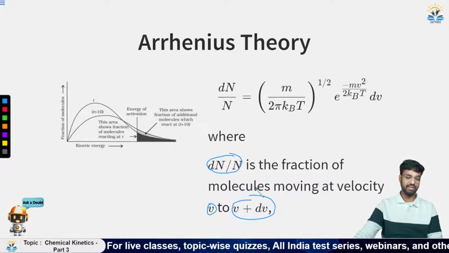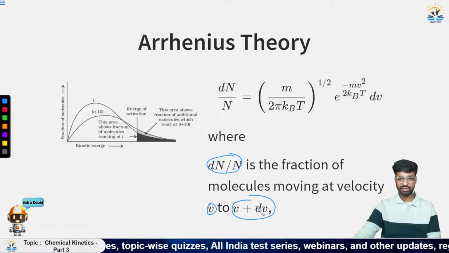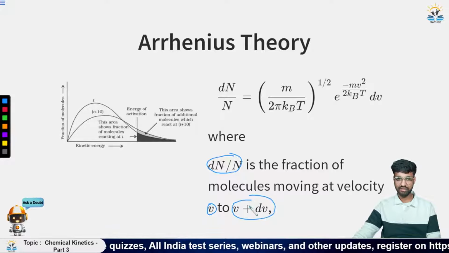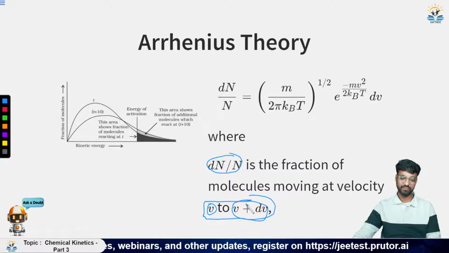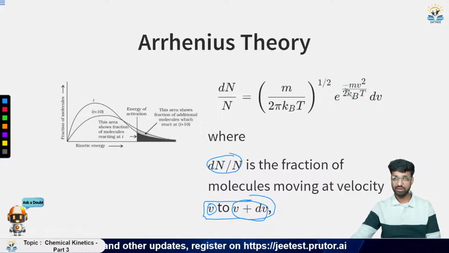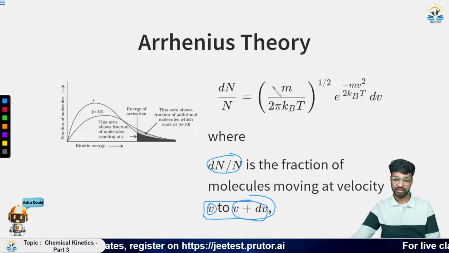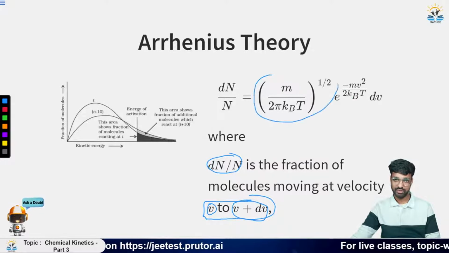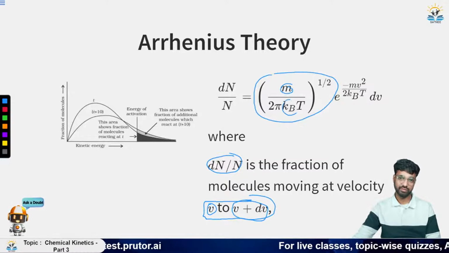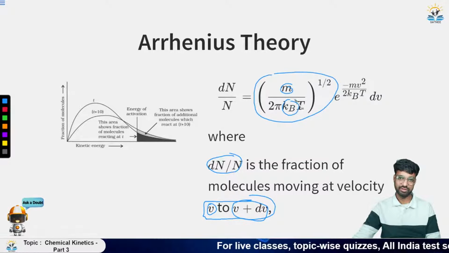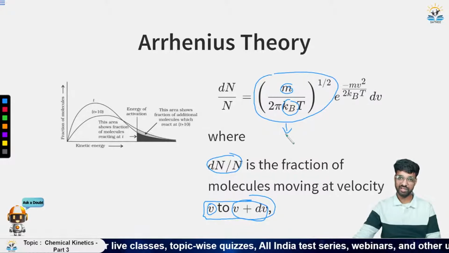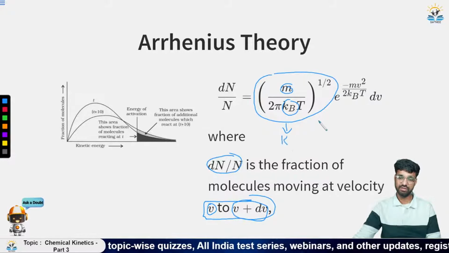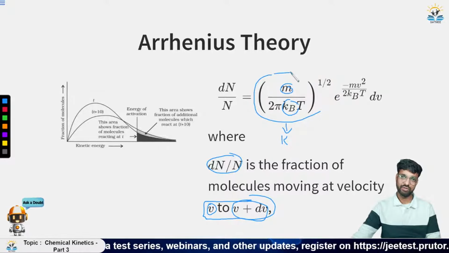So it is basically saying what fraction of molecules have a velocity between v and v plus dv, and it is given as e to the power. We will not concentrate on all these constants, because this whole value is a constant. Why? Because mass is constant, the Boltzmann constant is also constant. Temperature is the one variable, so we will take the rest as constant, excluding the temperature. So let me exclude this temperature.